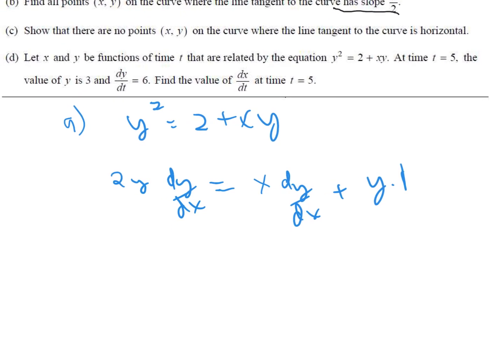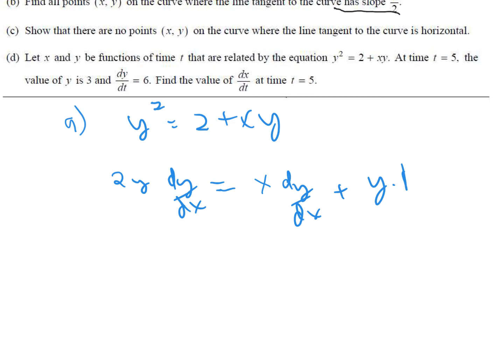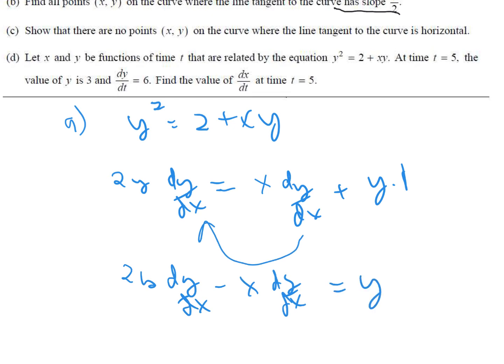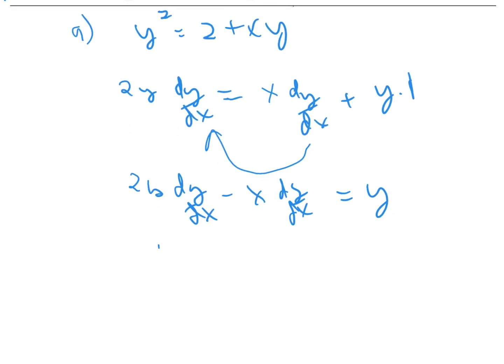So now I have dy dx's on both sides. So you're going to have to decide which way you want to move. Which do you want to move over? I probably will do that just because. So 2y dy dx minus an x dy dx equals a y. Factor out the dy dx, which is what we always do.